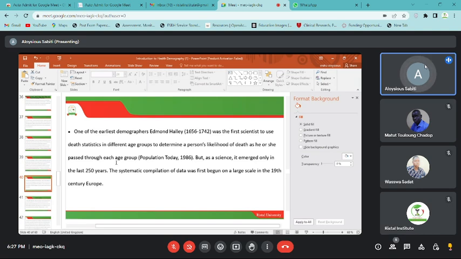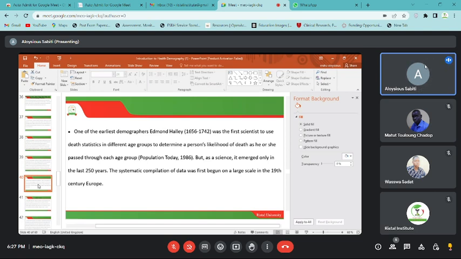One of the earliest demographers, Edmund Halley, was the first scientist to use death statistics in different age groups to determine a person's likelihood of death as he or she passed through each age group. What we call a population science today, in 1986. But as a science, it emerged only in the last 250 years. The systematic compilation of data was begun on a large scale in the 19th century.